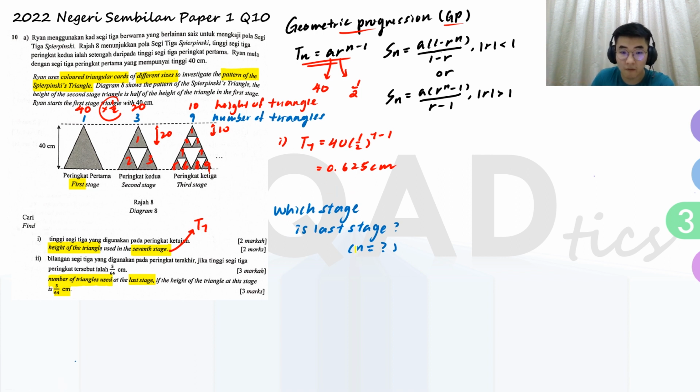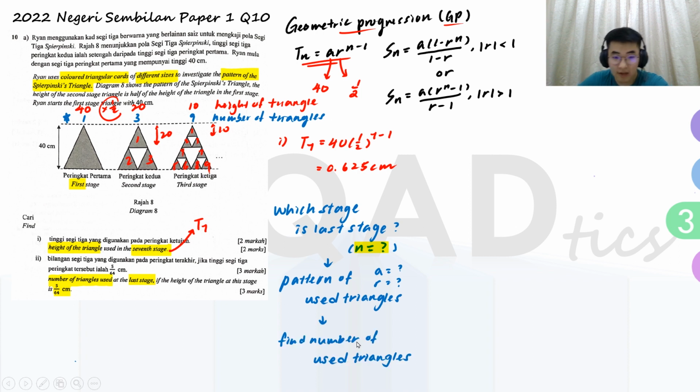So we need to find the value of n first. Okay? And the second thing we need to know is we need to understand the pattern of used triangles. So this one we actually have already. It's just we need to find the values of a and r of this pattern. Okay, which is here. And once we have these two things, we can find the number of used triangles.